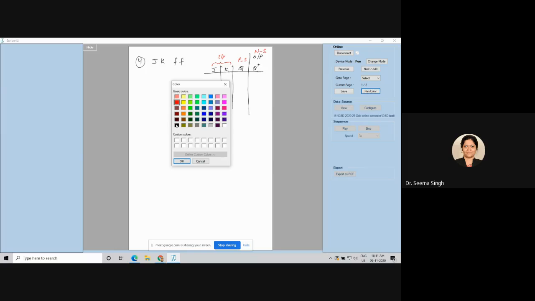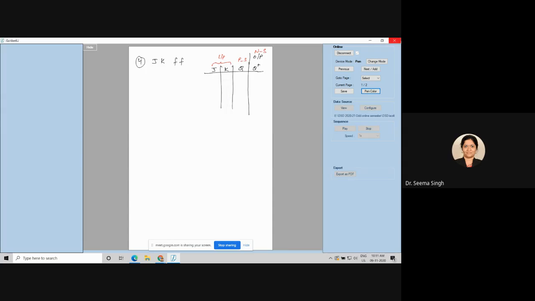So how many possibilities will be there? 8 possibilities, ma'am. Yeah. So 0 1 0 1 0 1. I have got this. Then 1 1 0 0.